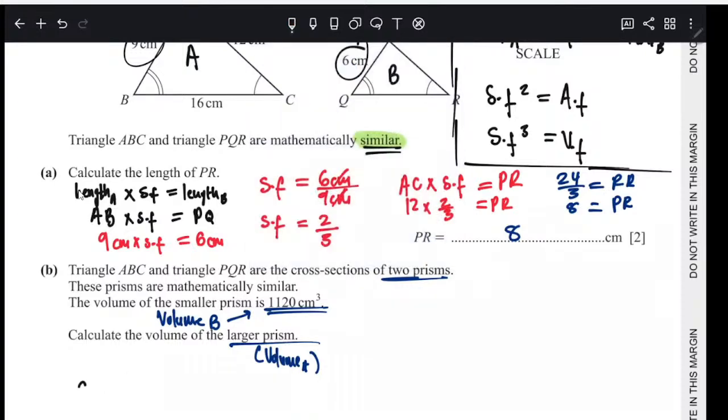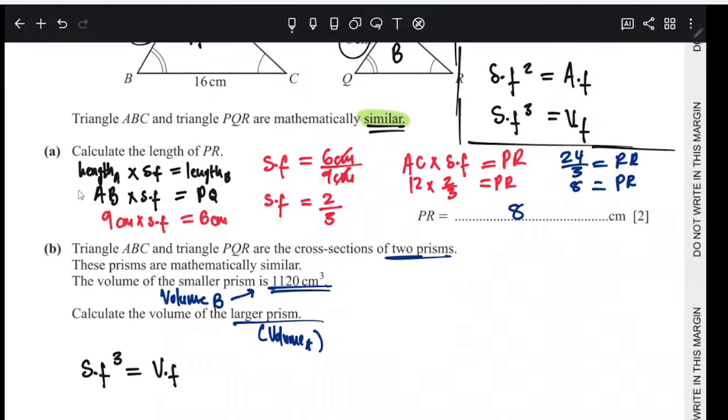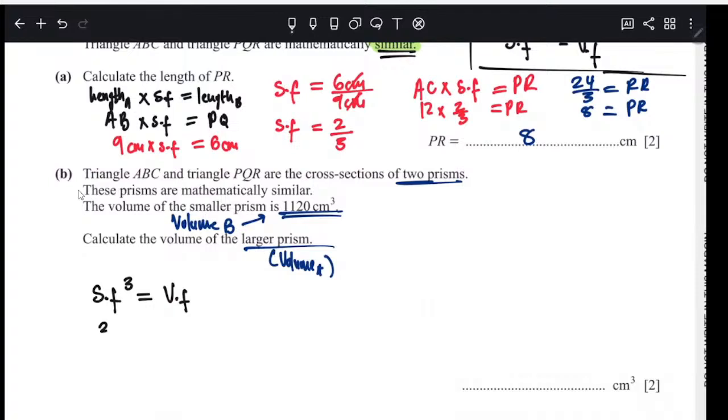You're going to say scale factor cubed is equal to the volume factor. What is your scale factor? 2 over 3. So you say 2 over 3 all cubed is equal to the volume factor. What is 2 cubed? It's 8 over 3 cubed is 27. This gives the volume factor. Why are you finding volume factor? Have you lost your senses? Are you just finding volume?